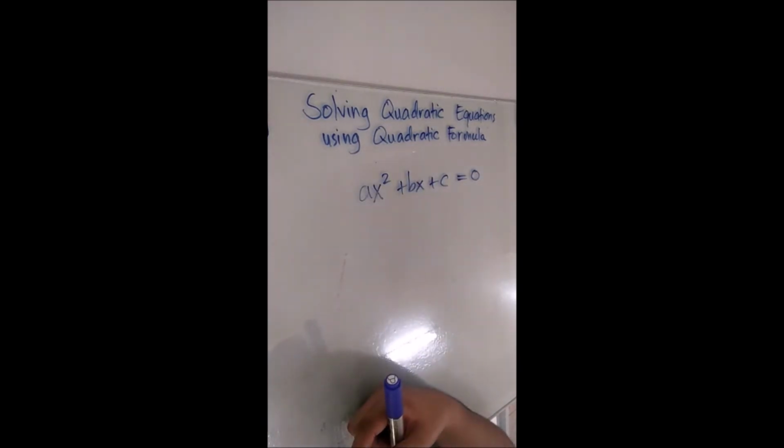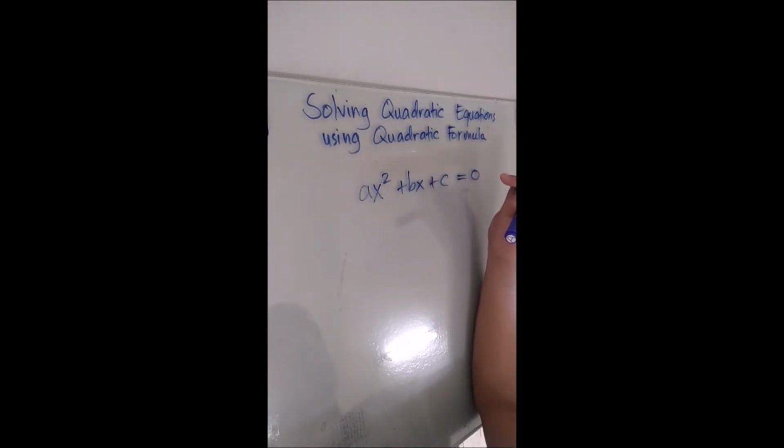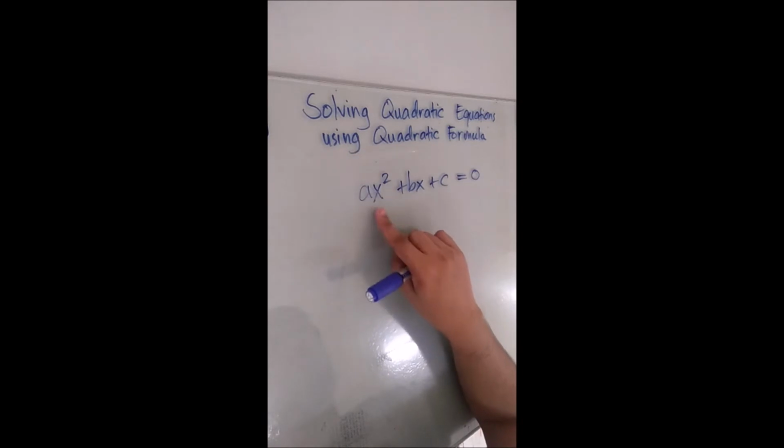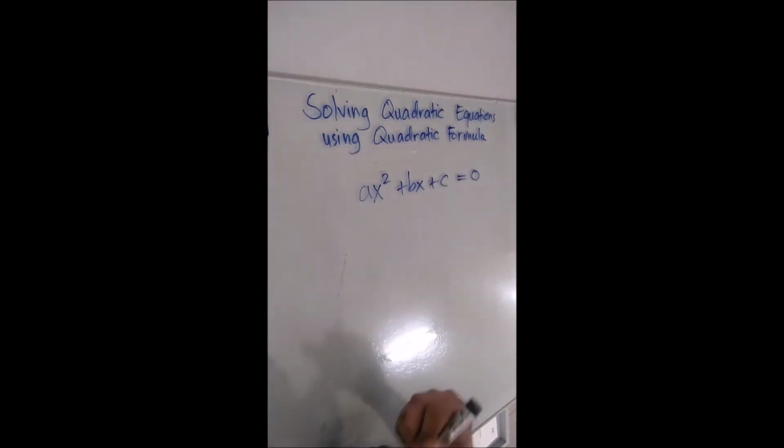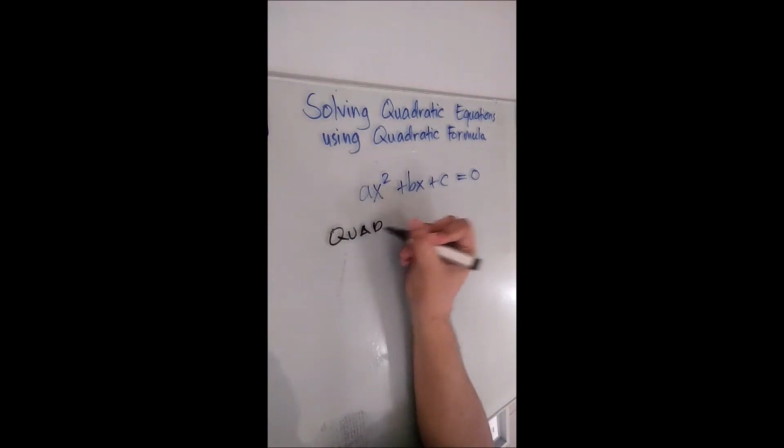I will not discuss how the quadratic formula is derived, but you can search in the book or on the internet on how to derive the quadratic formula. You use completing the square, such that you solve for x. So what is the quadratic formula?